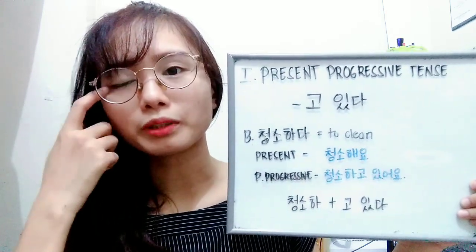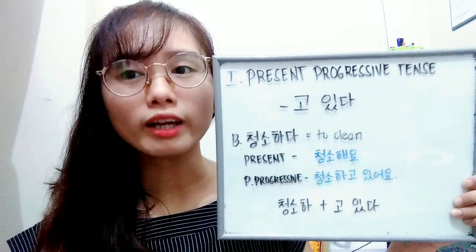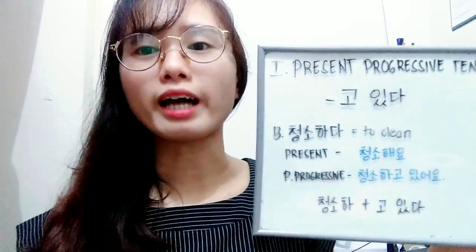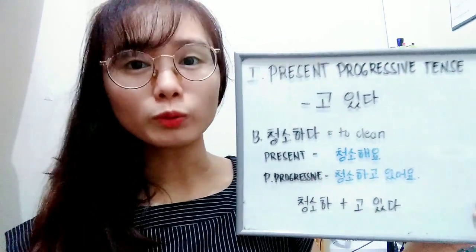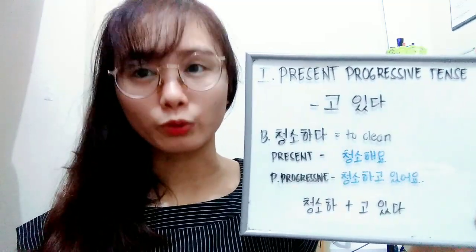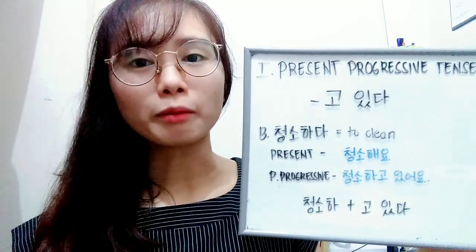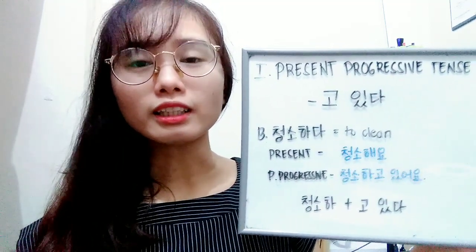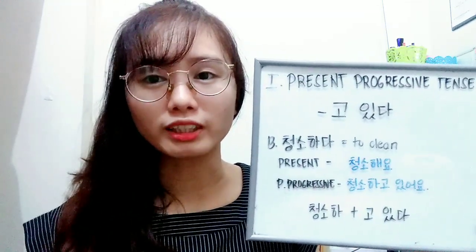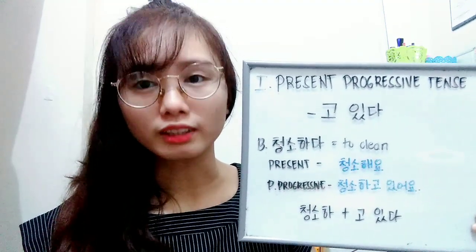So, pag sinabi mo namang the present tense lang na 청소해요, pwede nga maging scenario niya is someone ask you, do you clean? Naglilinis ka ba? 네, 청소해요. Yes, I clean. I do clean. But if you want to say na naglilinis ka right at this moment, nangyayari talaga siya ngayon and you're continuously doing that ngayong moment na ito, you will just use the ko itta form.